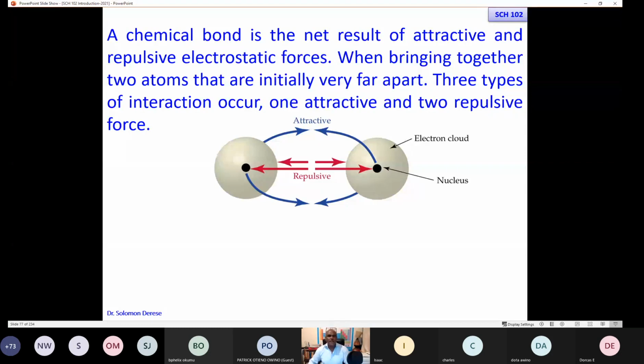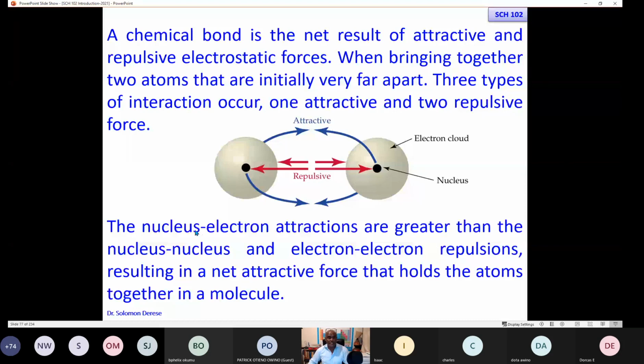At the end of the day, the attractive force somehow outweighs the repulsive force. The atoms will get close to one another and keep a certain distance from each other, called a chemical bond. That is when the attractive and repulsive forces have balanced out.